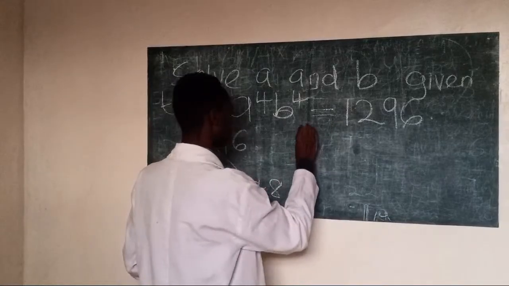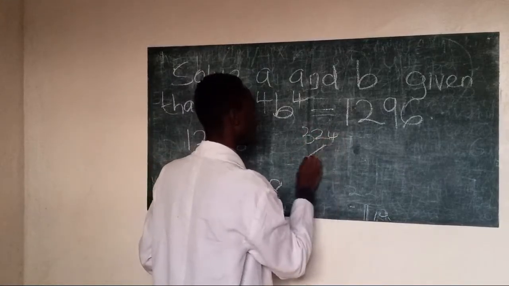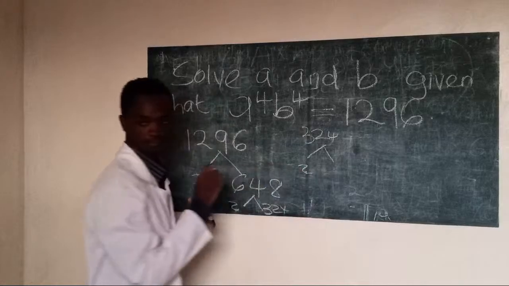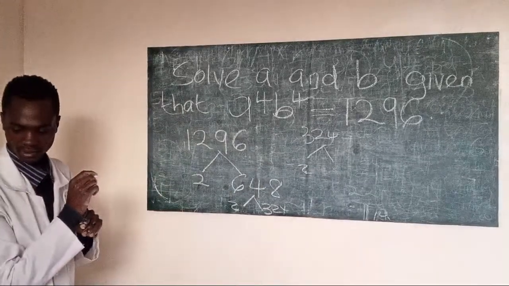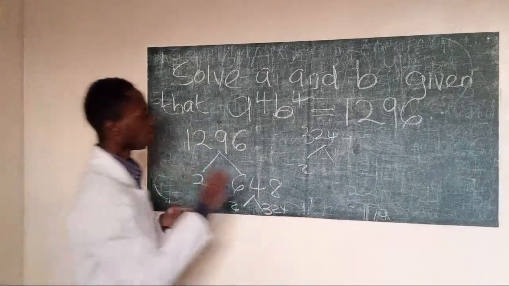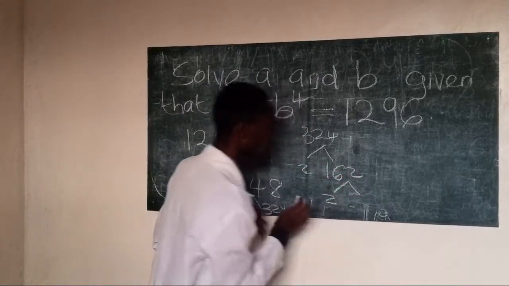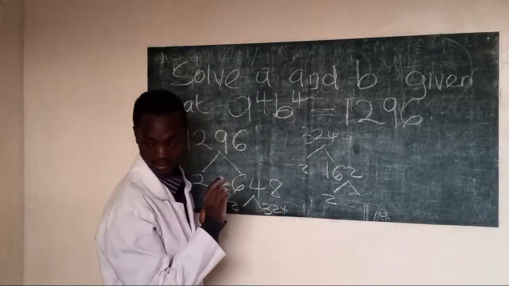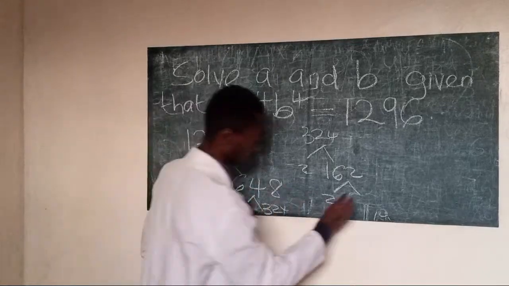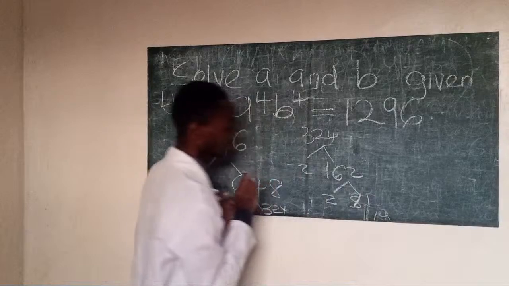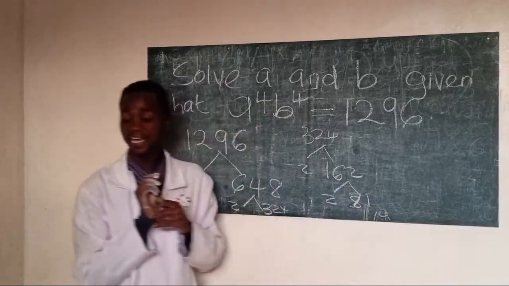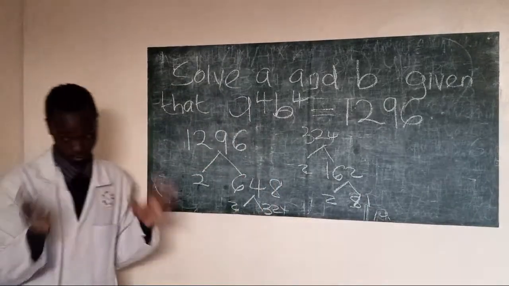Then I continue 324. 2 because of 162. 2 because of 81. Now I realize that 2 cannot do any more, isn't it?